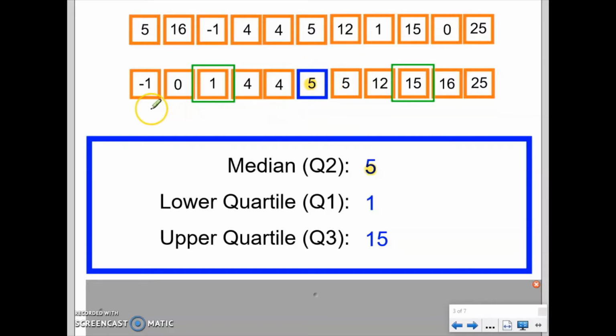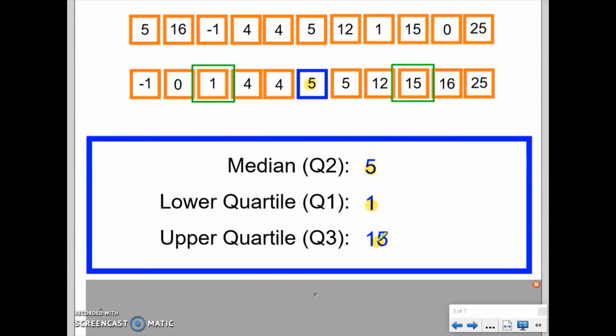So we're just focusing on these 5 values. We find the middle of these 5 values. So my lower quartile, Q1, is 1. Then I look at my top 5 values and find the middle number. So again, this would be Q3, my upper quartile.